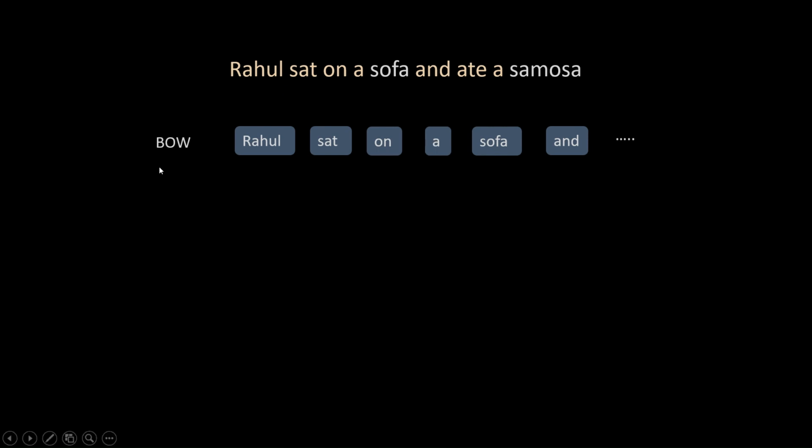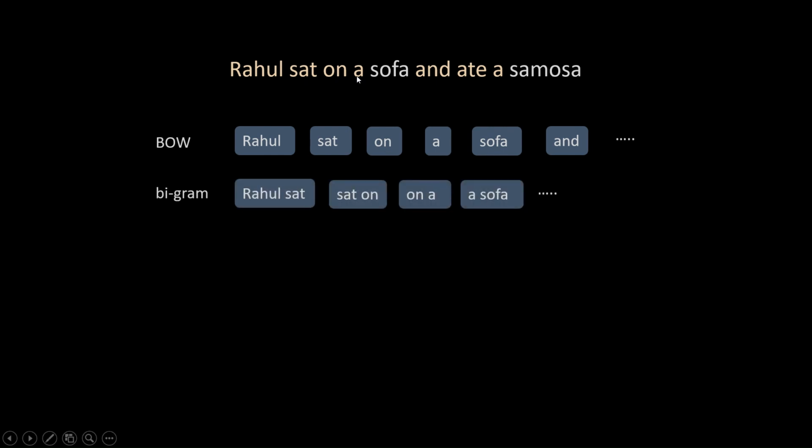But instead of individual words, if we are able to capture a pair of words, just like sliding windows or moving windows, Rahul sat, sat on, on a, likewise, you can see here. Instead of individual words, we are considering a pair of words as a sliding window. This type of representation is called bigram notation.